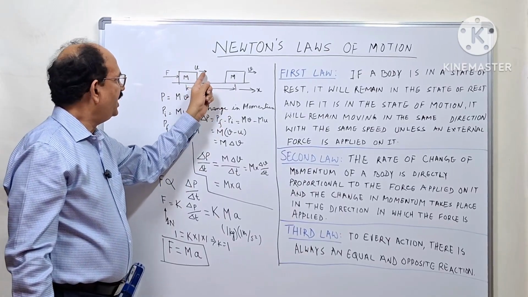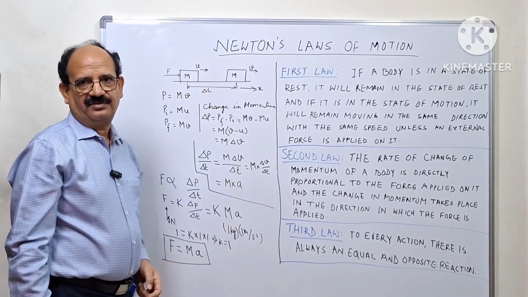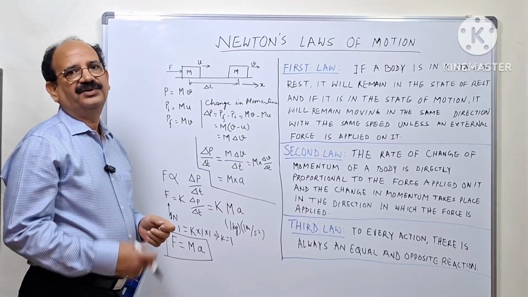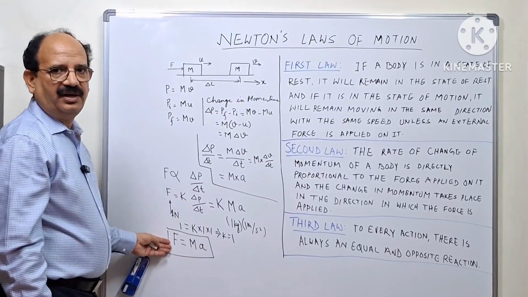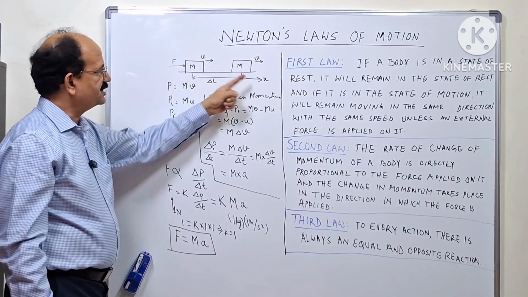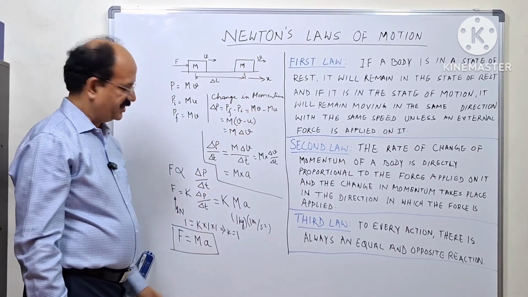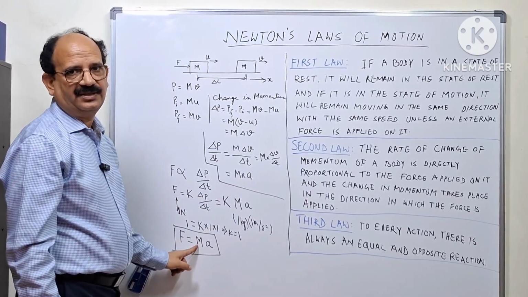Because momentum is a vector quantity and force is also a vector quantity, from this you can infer that if force is applied in the x direction, the acceleration will also happen in the x direction, because mass is not a vector quantity, it is a scalar quantity.